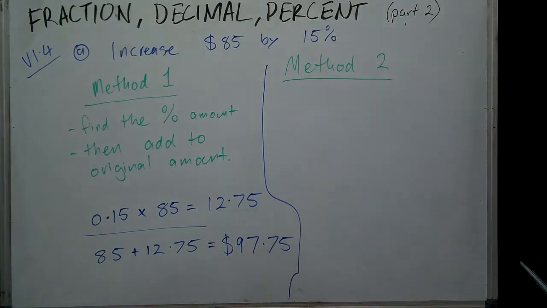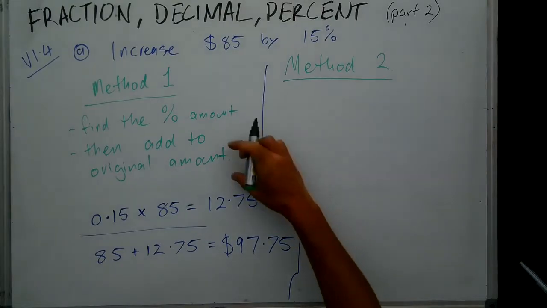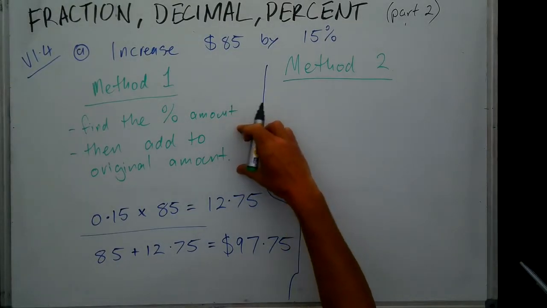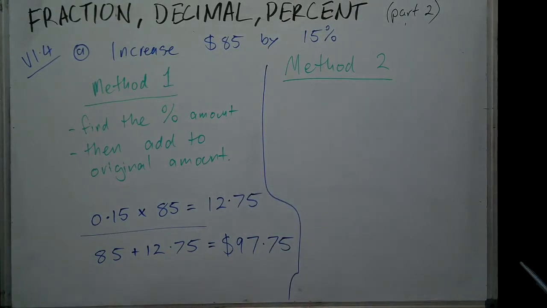And this is the method that I would normally use. And so we just have to go through a little bit of thinking beforehand. So with this step here, we're essentially going, well, that's 100% of what we started with, and that's the 15%.